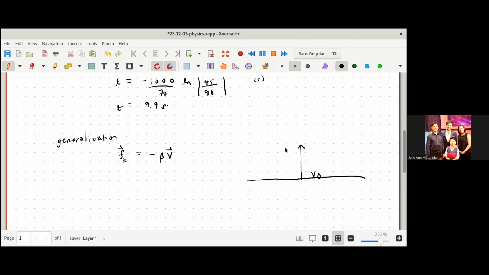So, we can write down a differential equation for y versus t. Pwedeng paki-set up. Consider lang natin yung case na a stone or an object is thrown upward, tapos ganito yung frictional force or yung wind resistance.